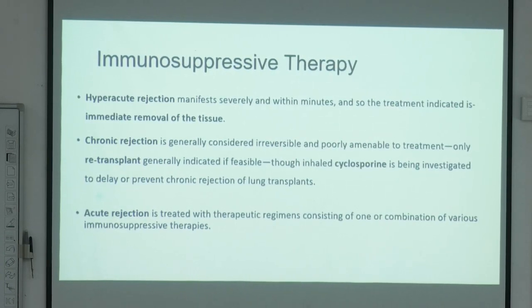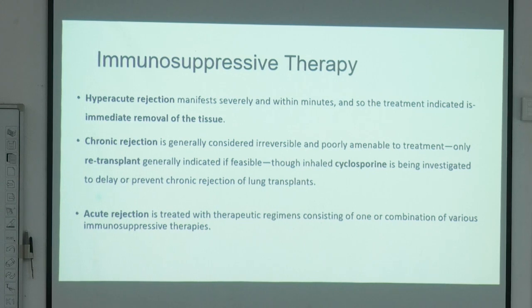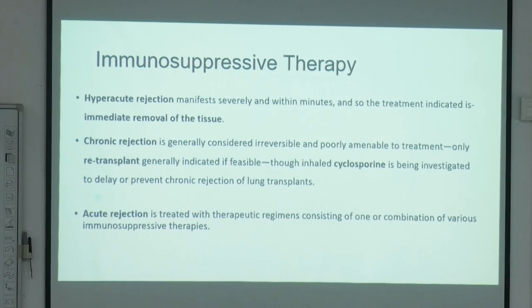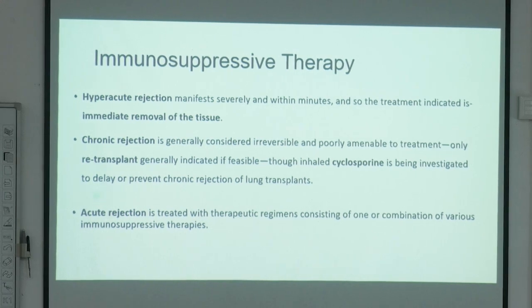The other important part is immunosuppressive therapy. It is the immune system which is acting on the graft. If we use immunosuppressive therapy, the graft rejection can be delayed. In case of hyperacute rejection, there is only one method of treatment, that is removal of the graft. There is no other one. It is so rapid.